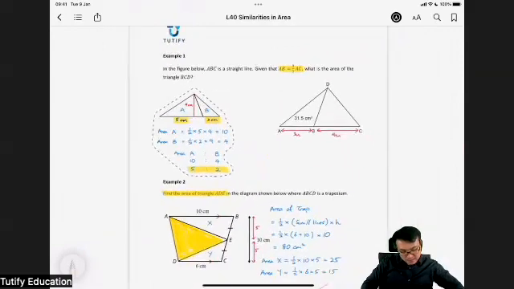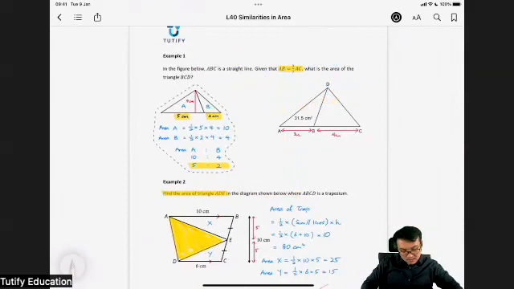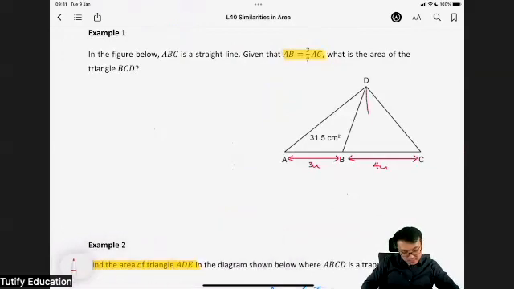Okay, students? Let me just make some space and get rid of this. So we know that these two triangles have the same height. So if they have the same height, then the ratio of the base is going to be the same as the ratio of the area.